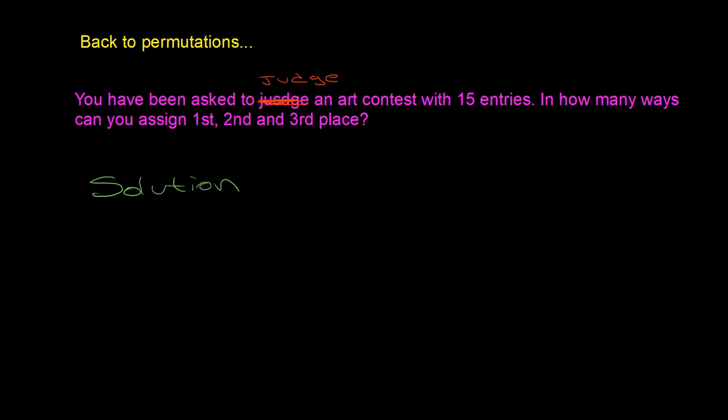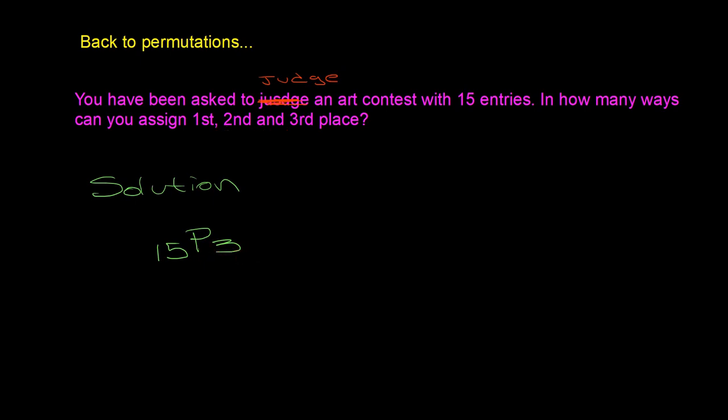Of course, I don't want you to do it by hand. Use your computers, your calculators. So we're going to do something like this: 15P3. Because we have a population of 15 entries here, and we have to assign just the first 3 places.